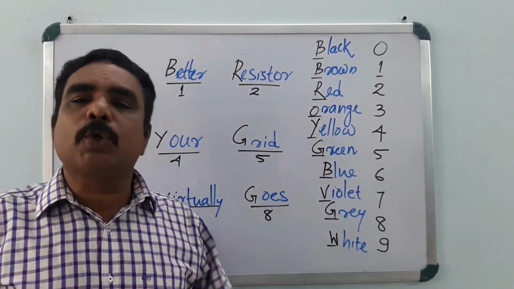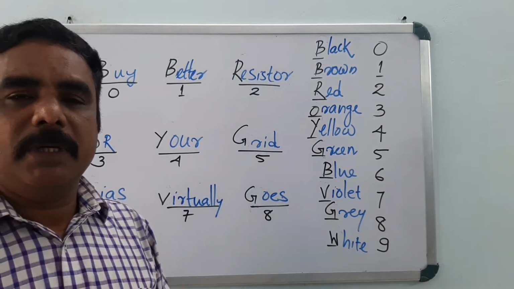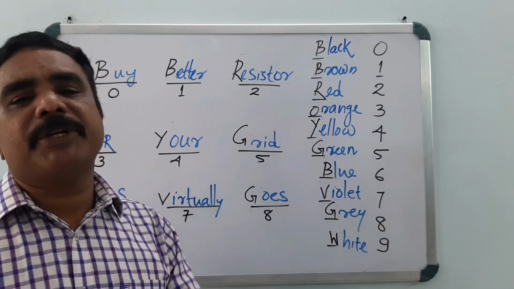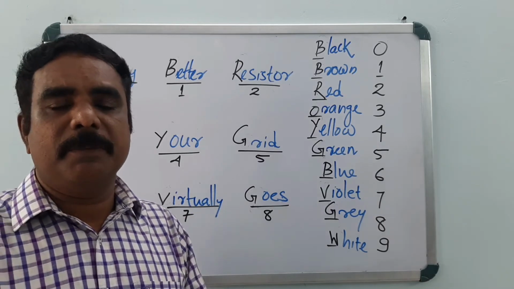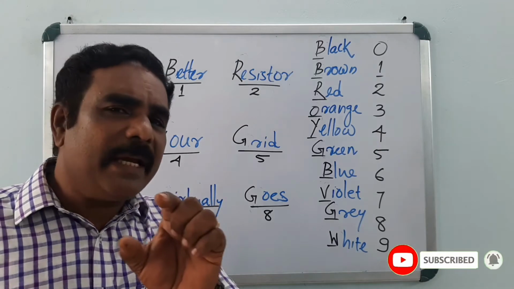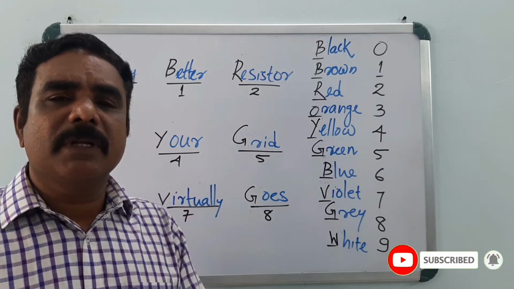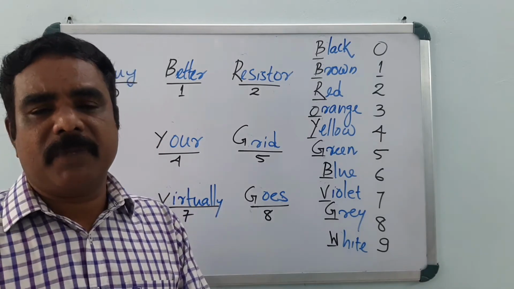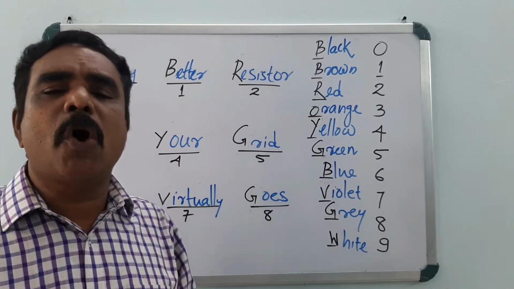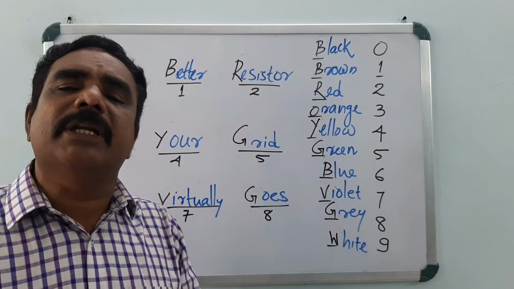In electronics, grid means a perforated electrode, means an electrode with holes. Bias means the voltage supplied. So grid bias means the voltage on that perforated electrode.